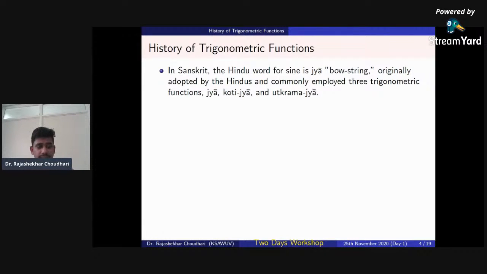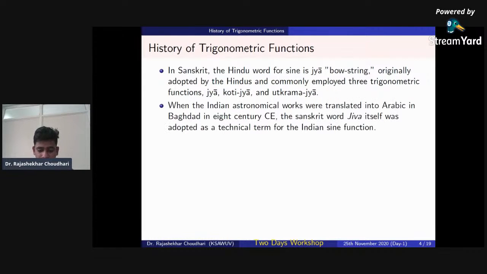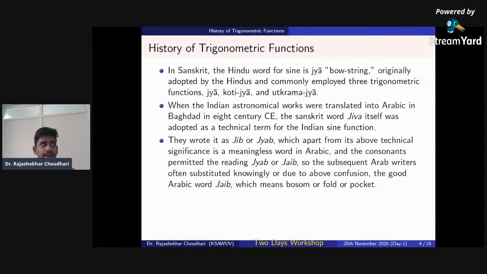After Indians introduced these trigonometric functions, they got translated into Arabic in Baghdad in the 8th century. The Sanskrit word Ja, also called Jiva, was adopted as a technical term for the Indian sine function. During the translation, they wrote it as Jib or Jaib, which does not have any meaningful word in Arabic.